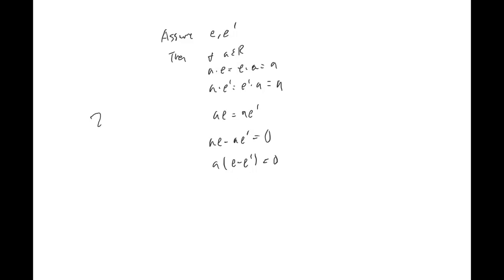The difference of 2 units need not be a unit. Like in Z mod 4Z, 1 is a unit, 3 is a unit, but 3 minus 1 is 2, which is a zero divisor, right? So basically in order to cancel, you need to be in an integral domain, and the assumption never said R was an integral domain.